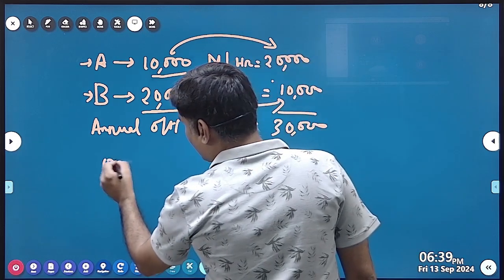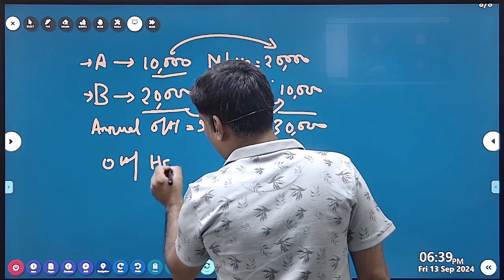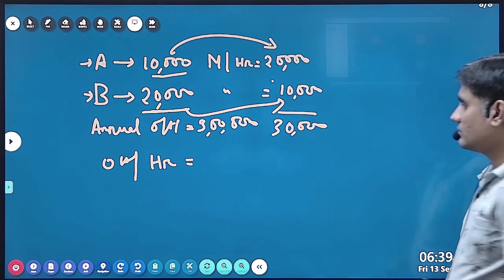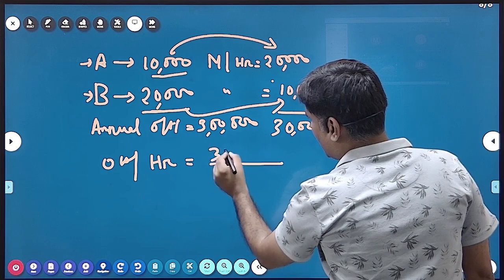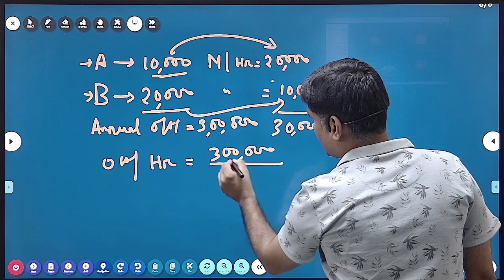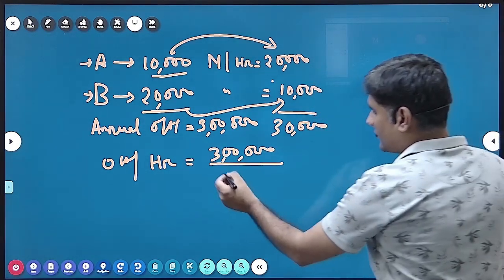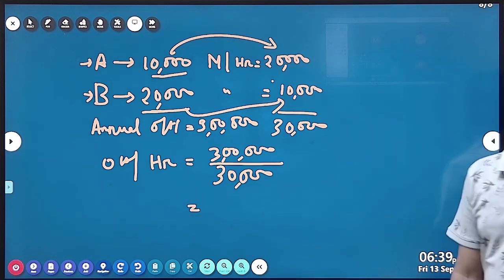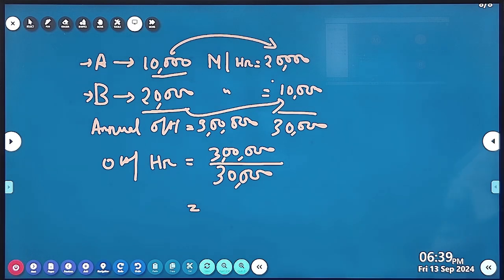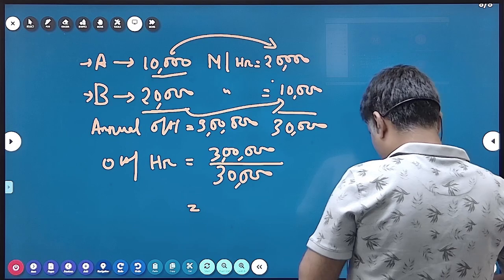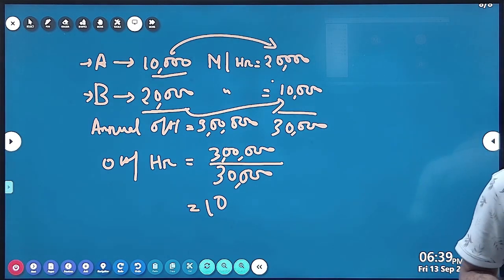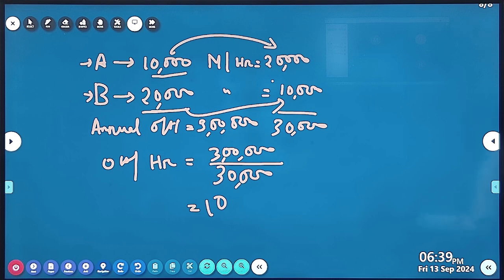So overhead per hour is 3 lakhs divided by 30,000 hours, which is 10. Overhead per hour is 10.